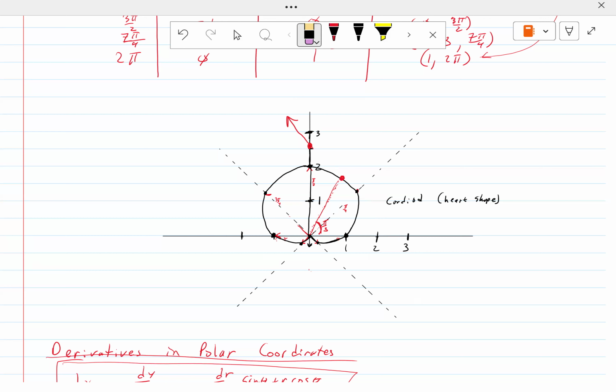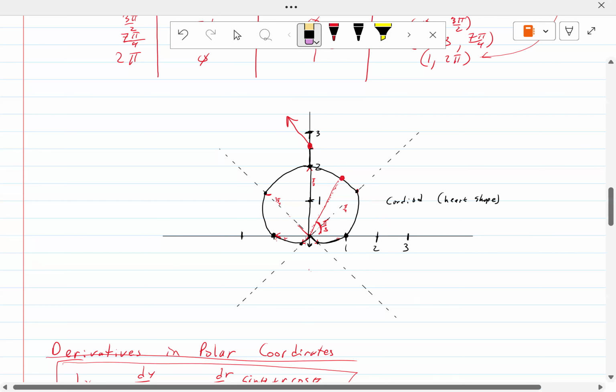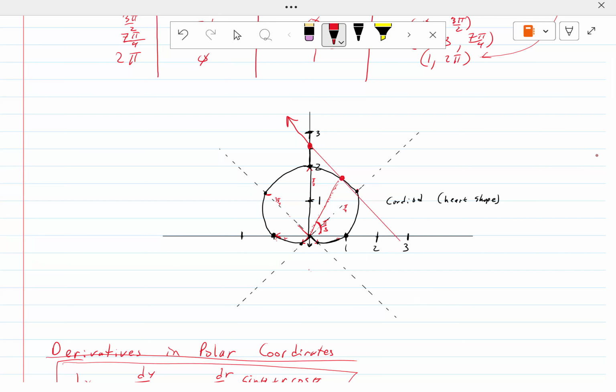I don't want a perfectly straight line because my graph is not perfect, so we're just going to go like so. Okay, so again, y-intercept, x-intercept, there's my graph.